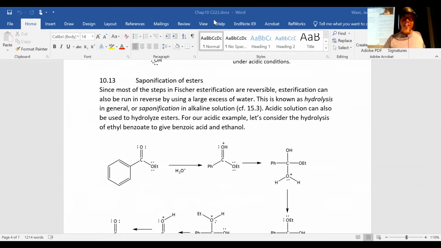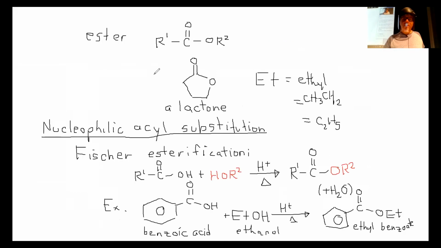All right, well, though I have this here, I'd like to go back just for a moment to my whiteboard. So what about the reverse process to forming an ester? Can you take an ester and break it apart into its component carboxylic acid and alcohol?